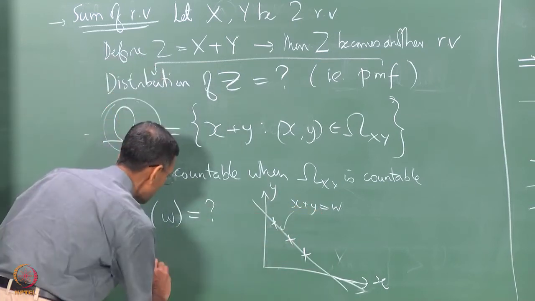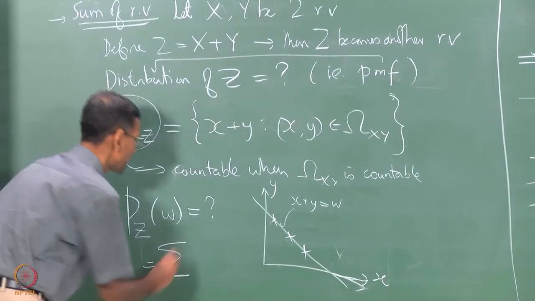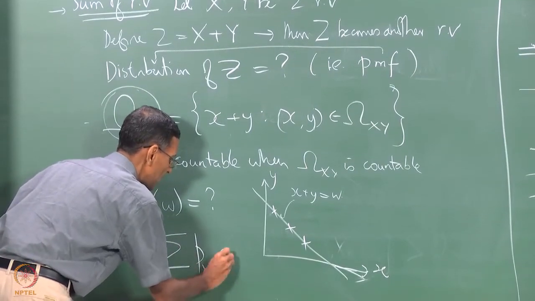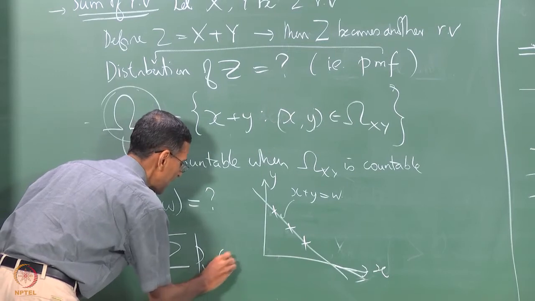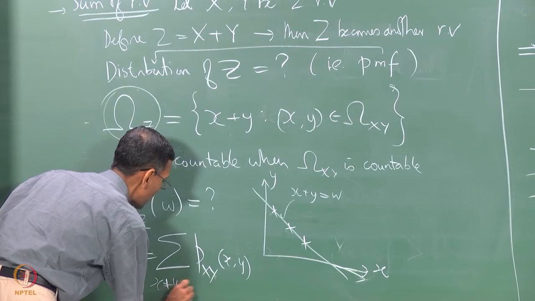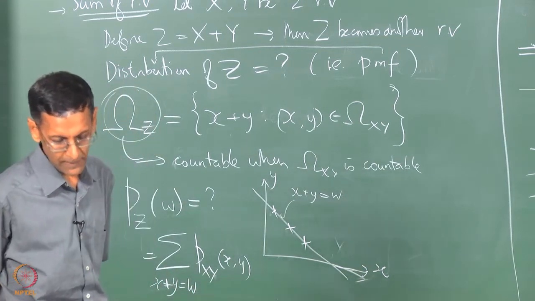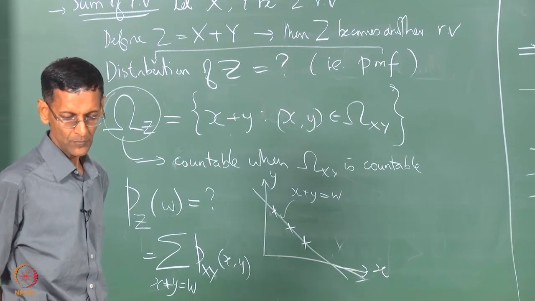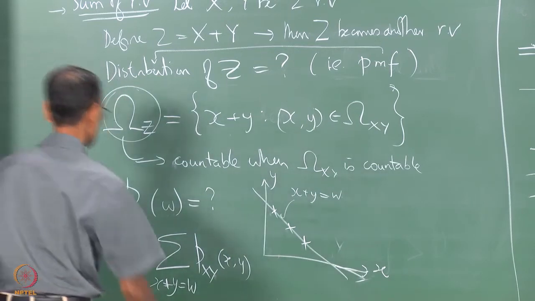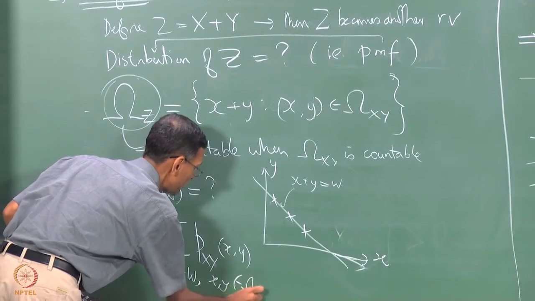So if you want to write it mathematically, you have to write it as the sum of the joint PMF, Pxy of x comma y, where you write x plus y equal to w, with the understanding of course that x, y are in omega xy also.